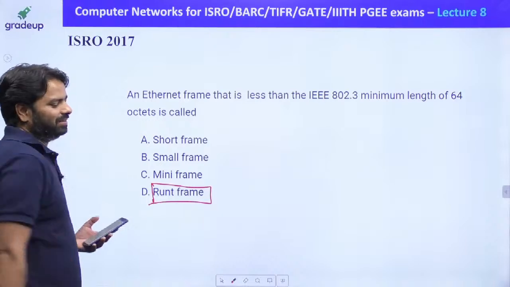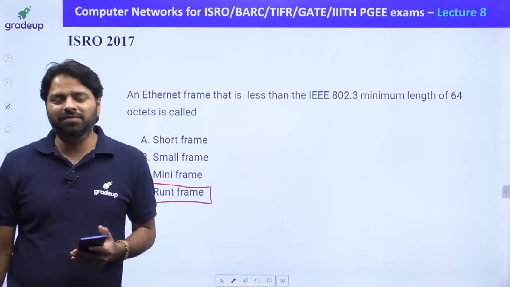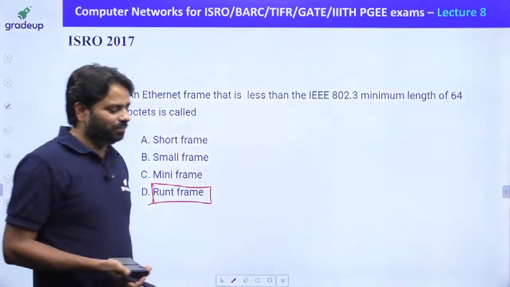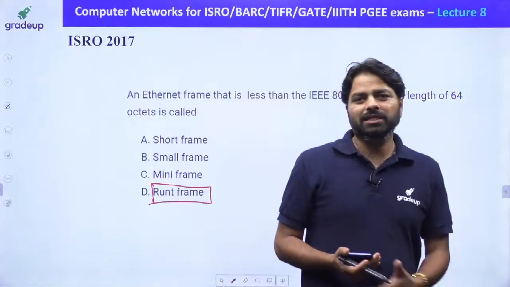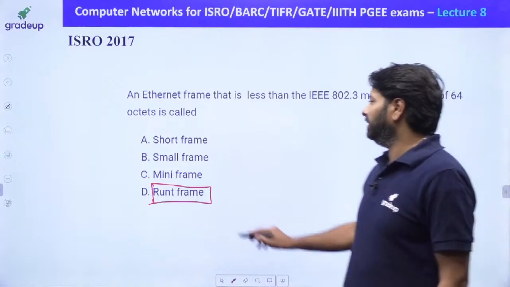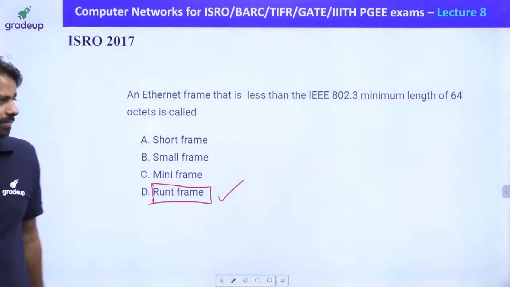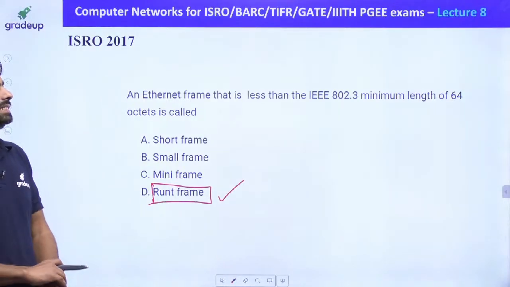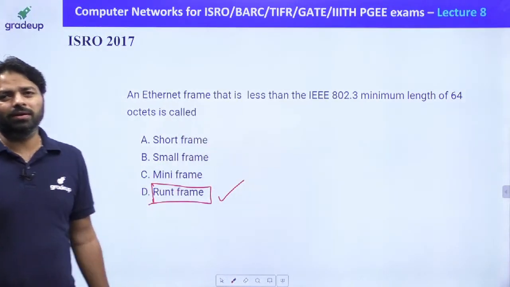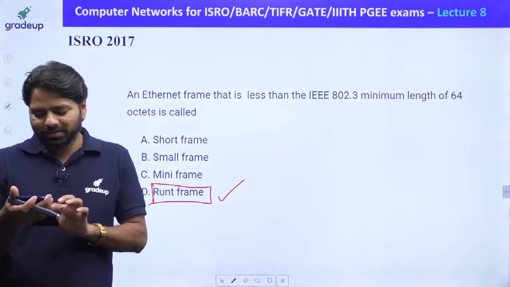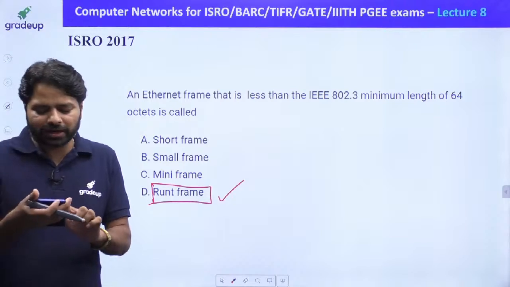Runt frame. Yeah, the name itself looks somewhat different. No, no, no. This frame, this option D is right. This is the frame that is used less than the given one. Yeah, D. So if you have studied at least once, you can remember this.